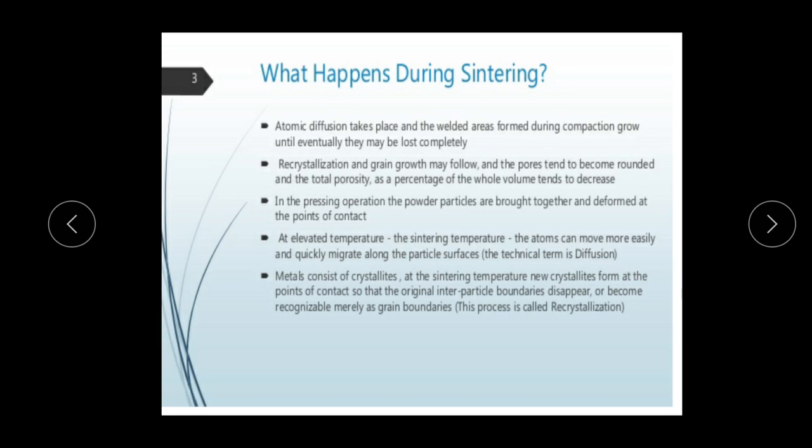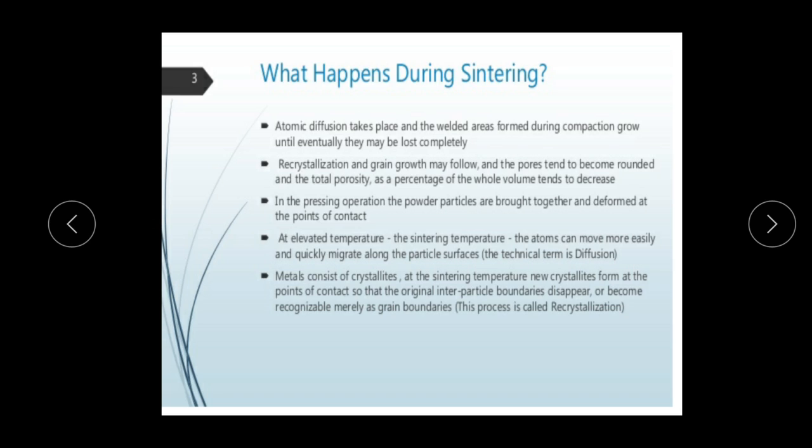In the pressing operation, the powder particles are brought together and deform at the point of contact. At the elevated sintering temperature, the atoms can move more easily and quickly migrate along the particle surface, which is technically called diffusion. The metals consist of crystallites.